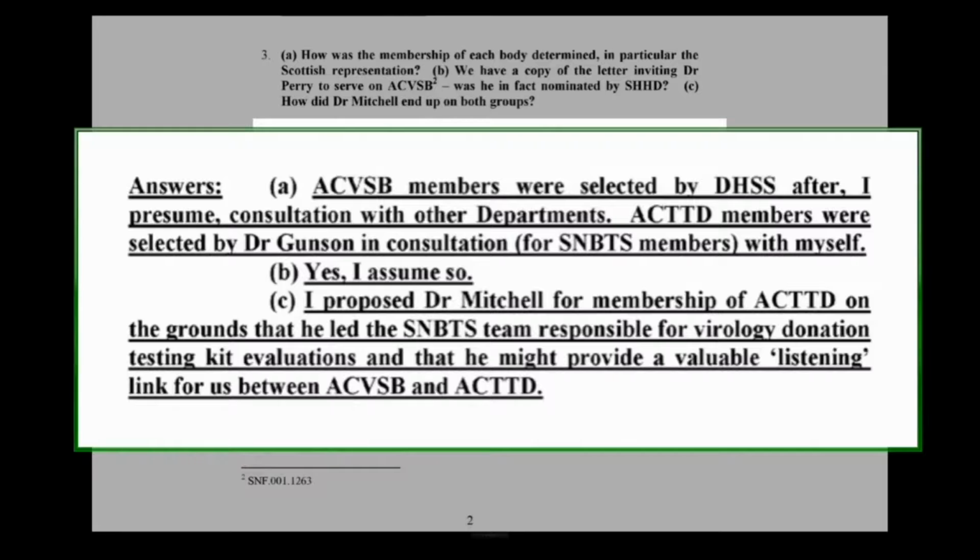And then if we just look a little further down to the next underlined answer, he was asked a question about how membership of the bodies were determined, and he says, ACVSB members were selected by DHSS after, I presume, consultation with other departments. ACTTD members were selected by Dr. Gunson in consultation for SNBTS members with myself. So that's a flavour of Professor Cash's views on those committees.